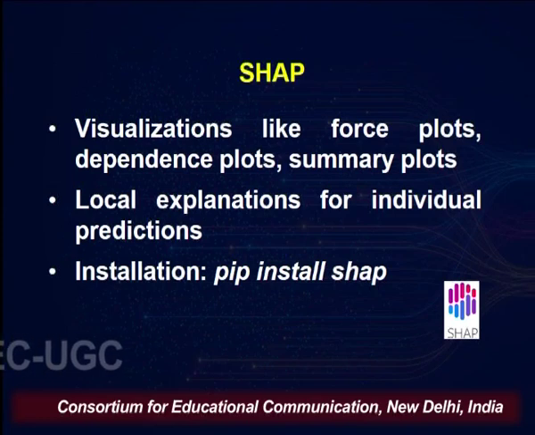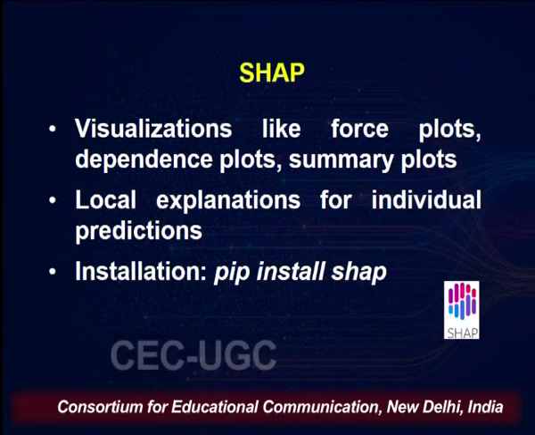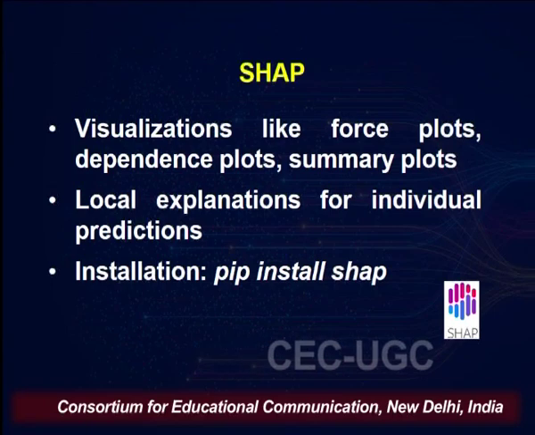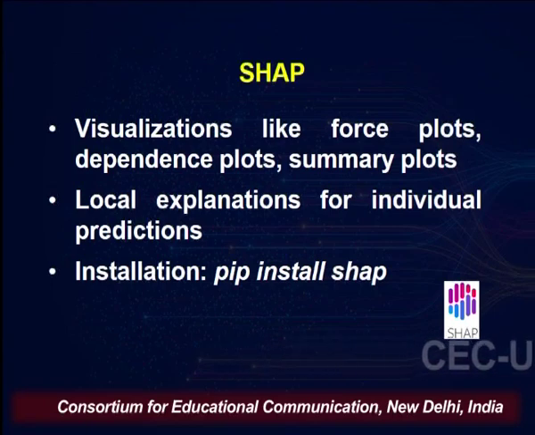Local explanations can also be provided by SHAP. So there are some global explanations also possible through SHAP, and some local explanations for the individual sample predictions are also feasible with SHAP.